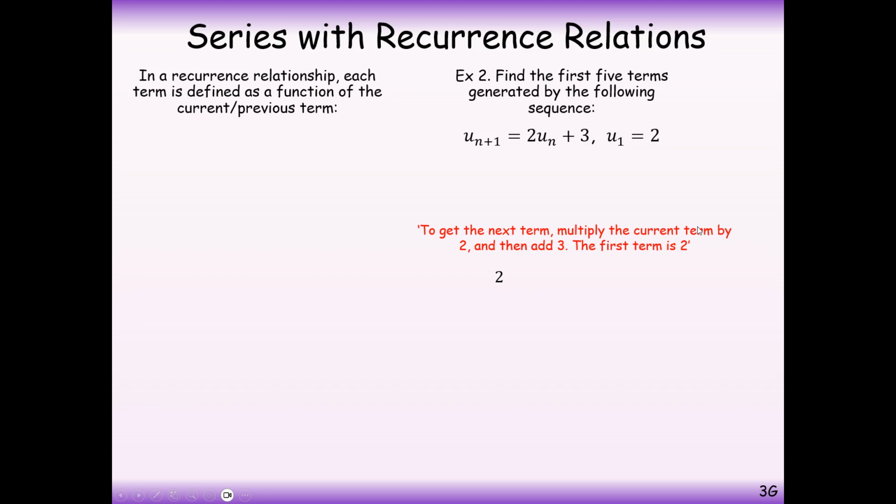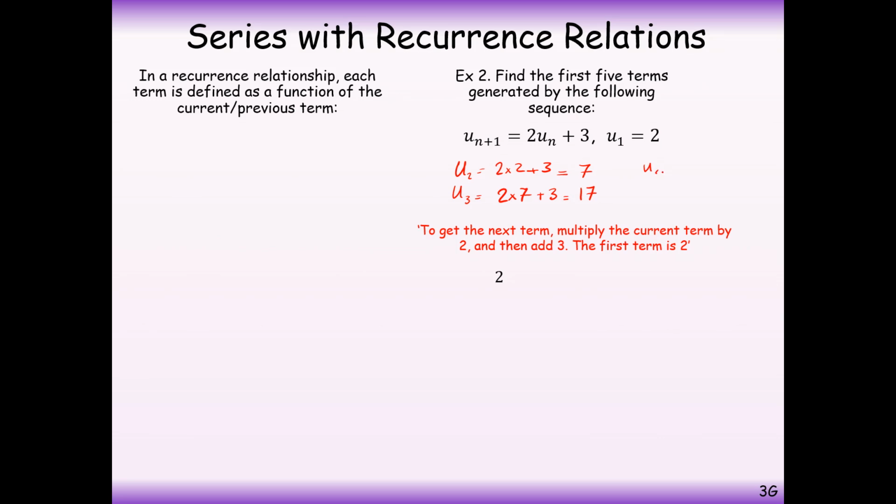Alright, so the first term we already know is 2. To get to the second term, u2 is 2 times 2 plus 3, which is 7. So we would put a comma and 7. The third term would be 2 times 7 plus 3. 14 plus 3 is 17.